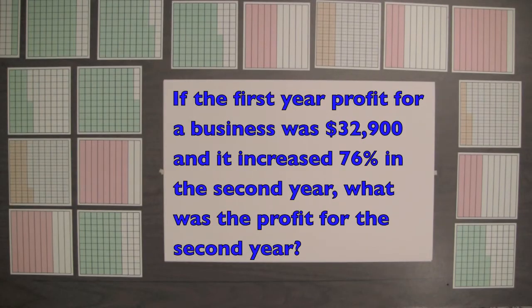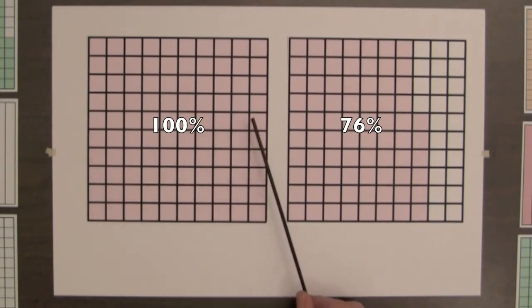If the first year profit for a business was $32,900 and it increased 76% in the second year, what was the profit for the second year? These squares represent 176%.